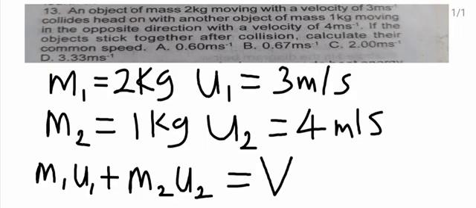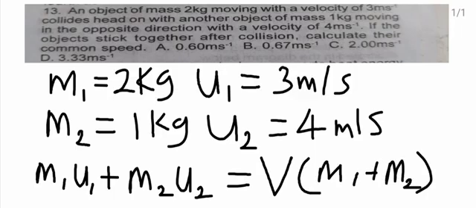So that is equal to the two masses coming together, that will be mass 1 plus mass 2, times v. So this is the formula we're going to be using for this. So let's see how to solve this.